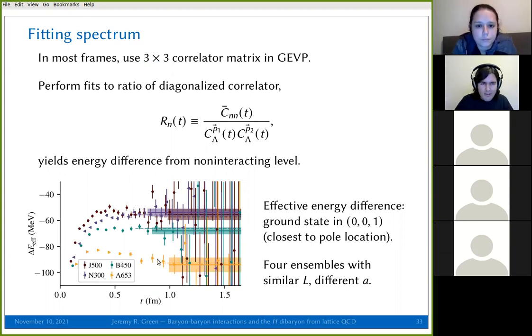The orange points are the coarsest lattice spacing, and as you go to darker, more purple points, you get to the finer lattice spacings. So here, this was the big surprise: as we vary lattice spacing, it's not a small effect, these levels are moving by tens of MeV. And so the lattice spacing effect turned out to be quite big, and had been neglected beforehand.